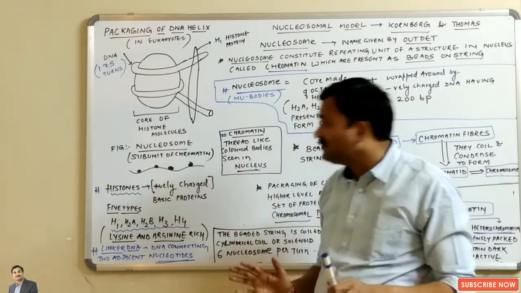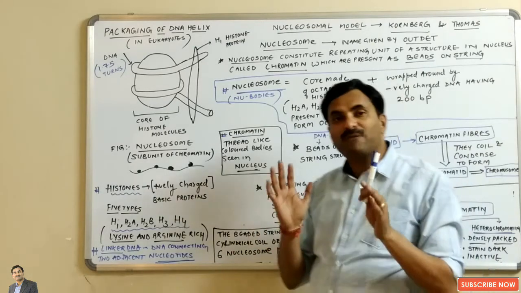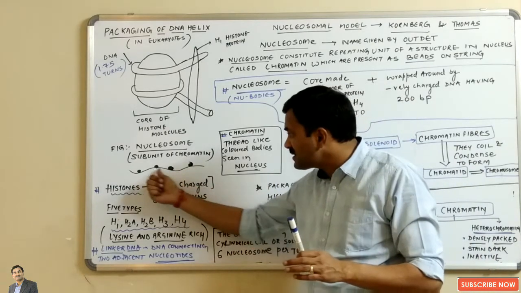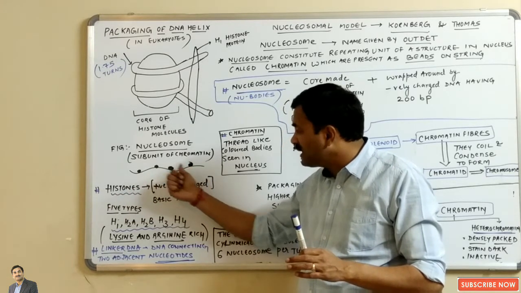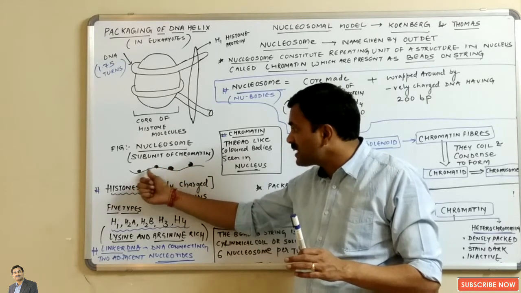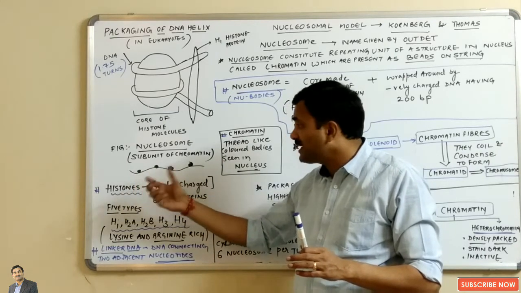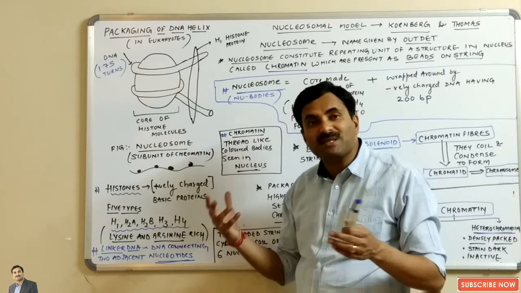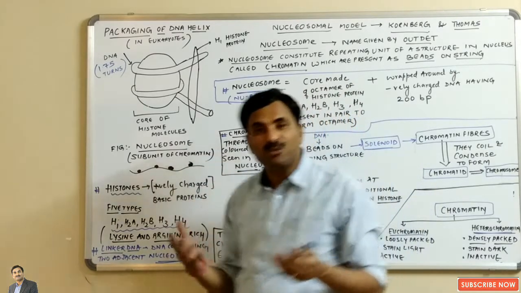So a nucleosome is a subunit of chromatin. This thread-like structure is chromatin, and on this chromatin many subunits are present. Each subunit is called a nucleosome. So nucleosome is a subunit of chromatin, and chromatin consists of many nucleosomes.